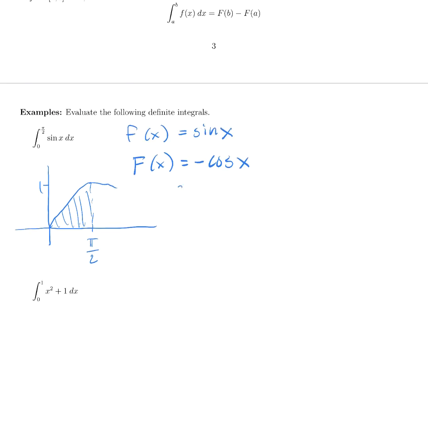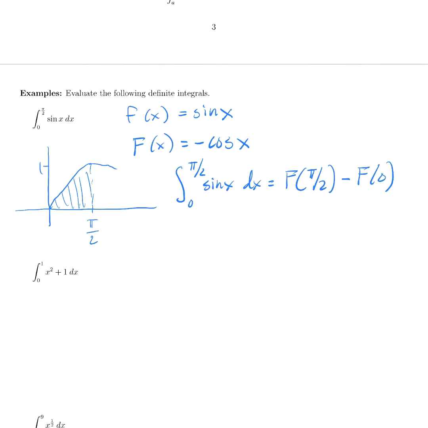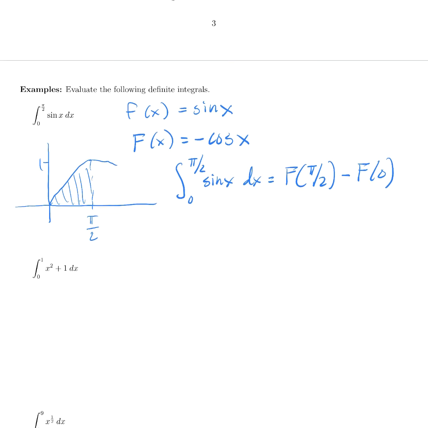So that tells me that this integral from 0 to pi over 2 of sine x dx is equal to F of pi over 2 minus F of 0. Okay, so that tells me that it's equal to negative cosine of pi over 2 minus, and a minus gives me plus, cosine of 0.